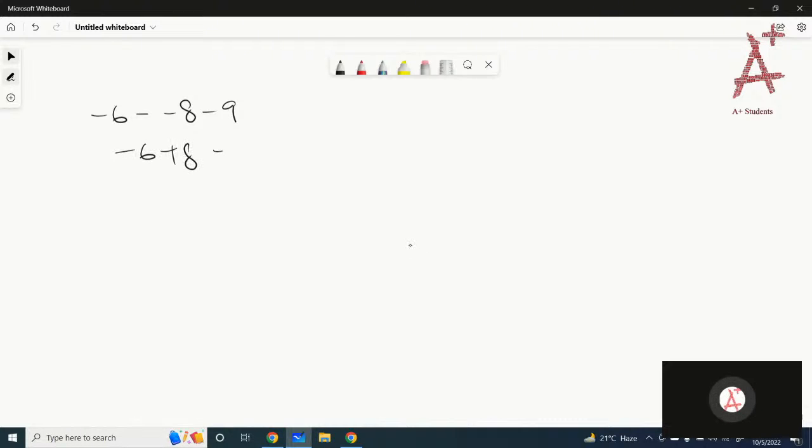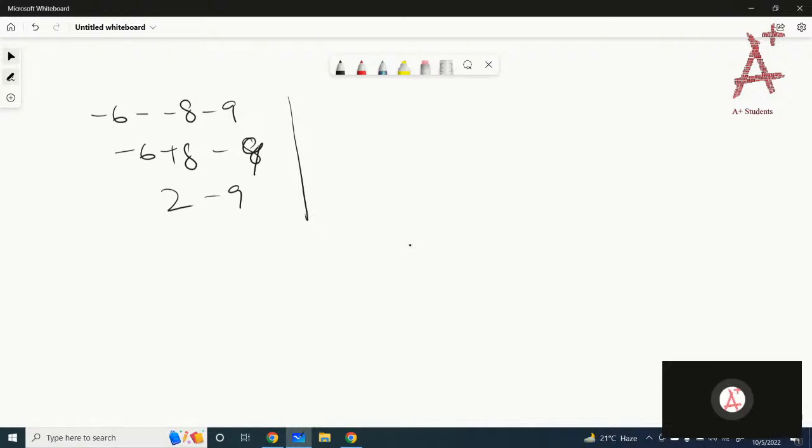So it will be negative 6 plus 8. So negative 6 plus 8 is 2 and 2 minus 9 is negative 7. Got it? Select the correct option and click on the OK button.